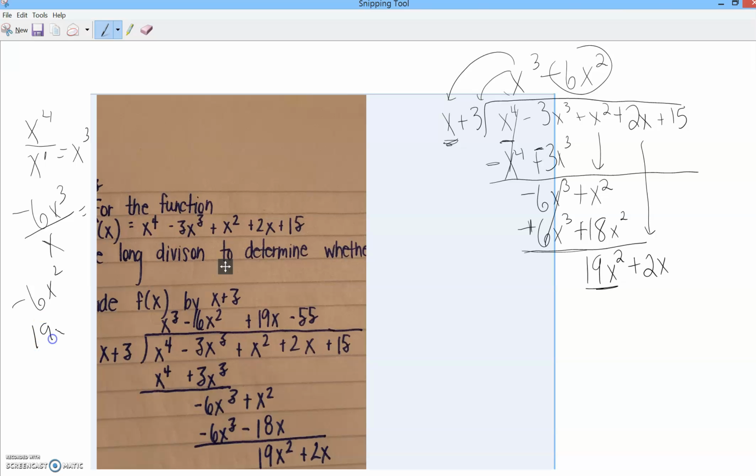So again, our visual of 19x squared divided by x gives us 19x, so that's what's going to go up on top. And then we multiply. 19x times x gives us 19x squared, and 19x times 3, 19 times 3 gives us 57, and so that gives us a plus 57x, and we draw the line.